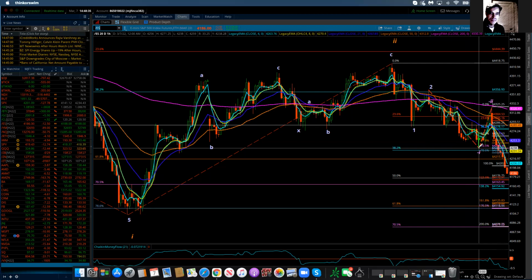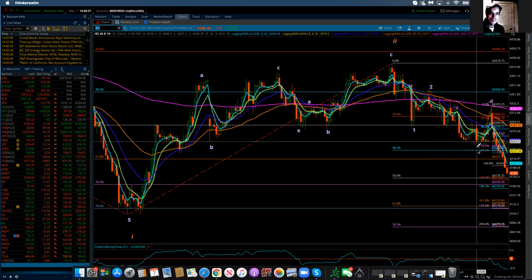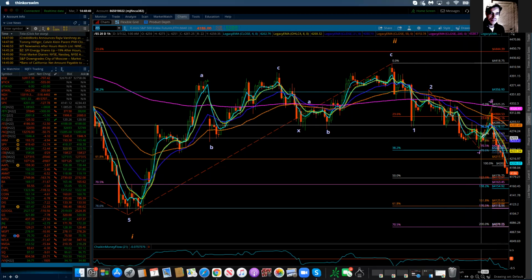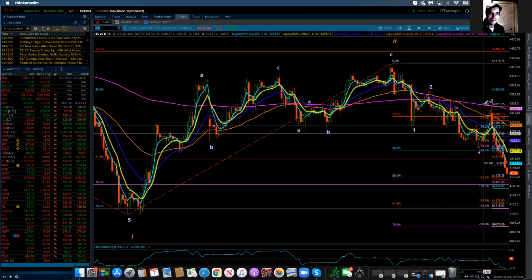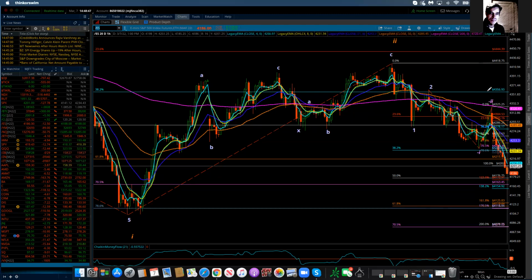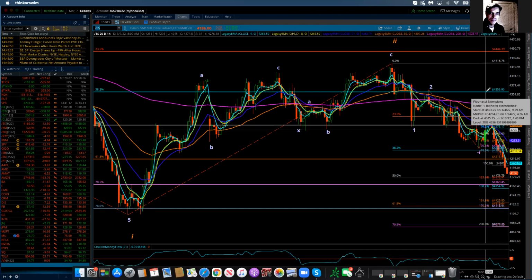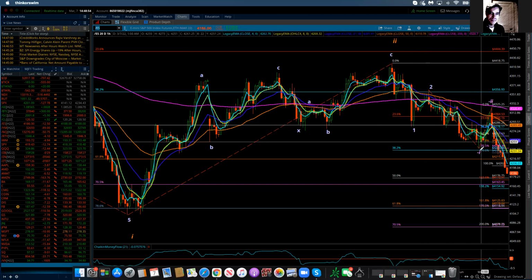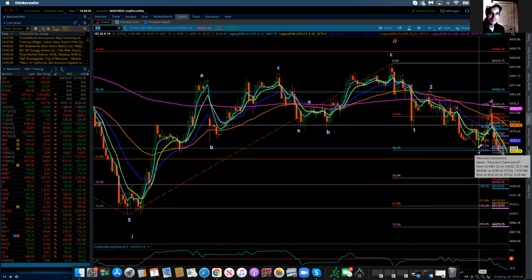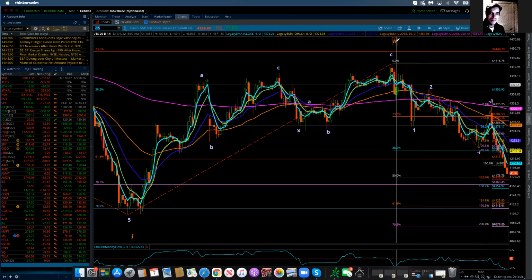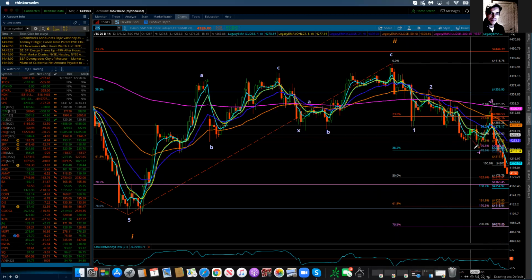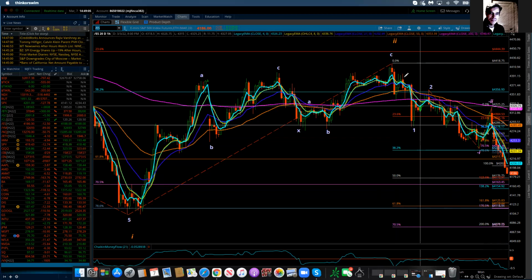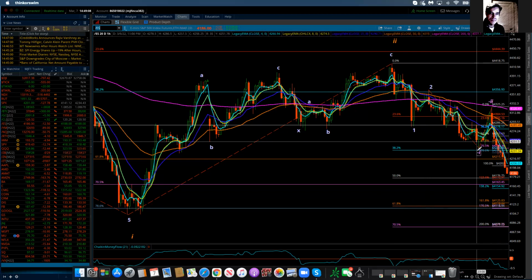So from whatever low it was made, if the market began to turn higher and rallied back up through the 8 and the 20 and the 50, and then the 200-day moving average, and then back above 43.56, then that would leave 3 waves down, and we were running the probability that the minor wave 2 was still in progress. But we came down in 5. And it still would have left an ABC down.